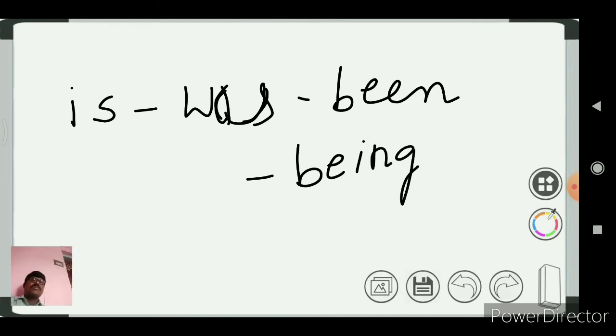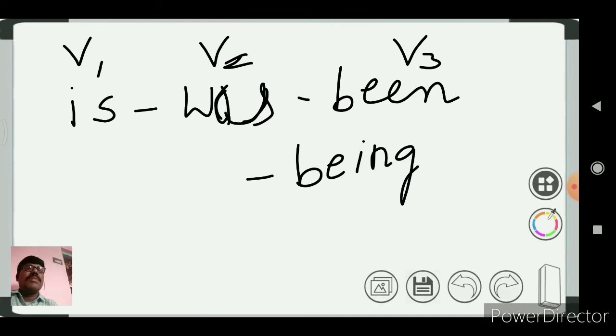Four forms. Is, was, been, being. Is base form, that means simple present form, V1. Was, verb 2, simple past form. Been, verb 3, past participle form. Being, verb 4. Like this.